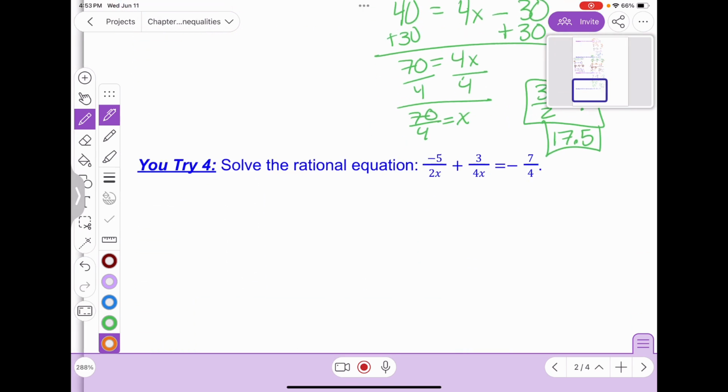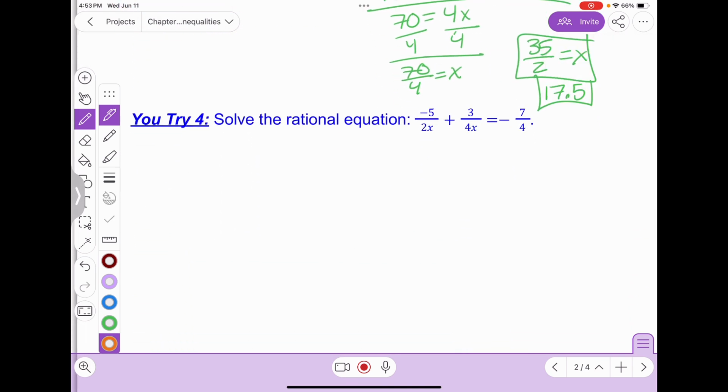All right. So why don't you pause the video and do the try? Okay. So here, if you found the least common multiple, it would be 8x. You also could have multiplied everything together, and 2 times 4 is 8, times 4 is 32. So you could do 32x as well.